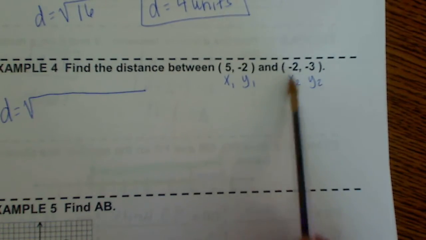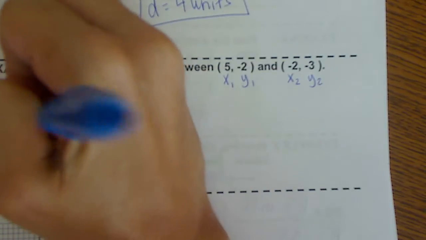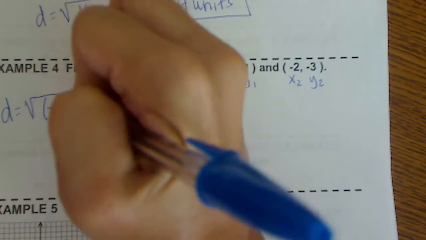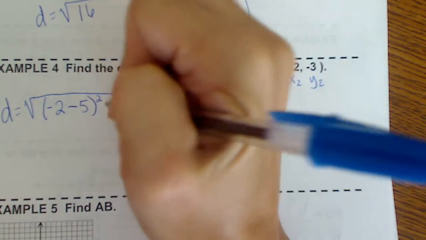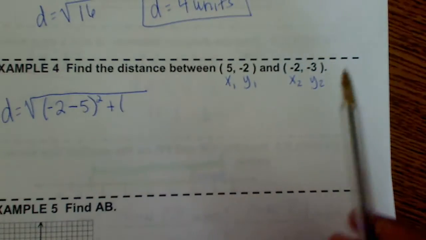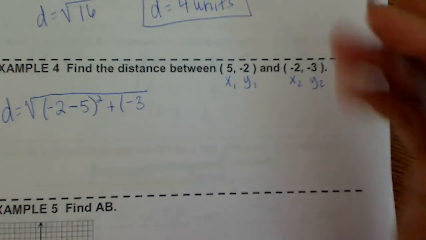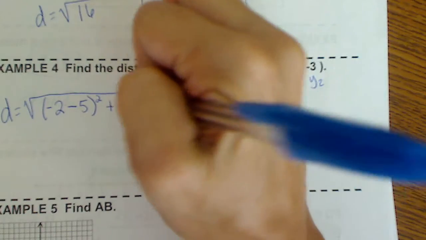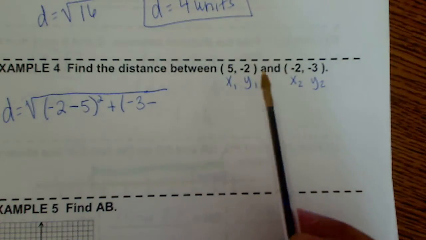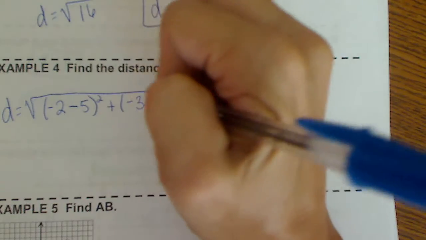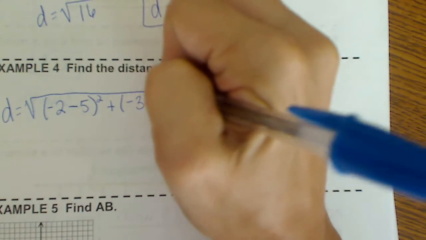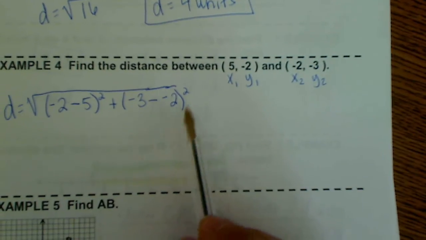I got my second x minus my first x. Don't forget that you have that squared, plus my second y, minus, because that's part of my equation, my first y, which is a -2. Don't forget to square that.